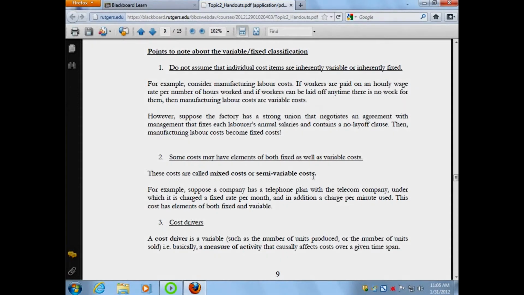So, from last year's information, 500,000 speakers cost 30 million in variable cost. Therefore, each speaker cost 30 million divided by 500,000.